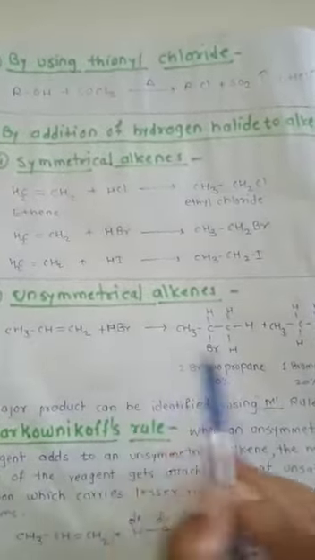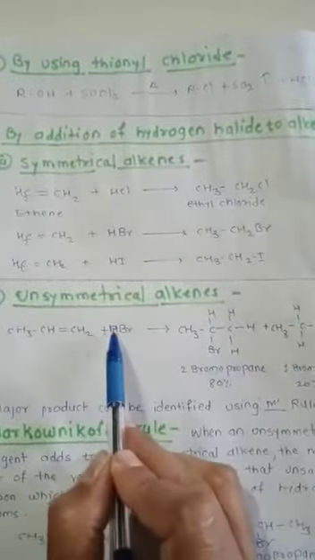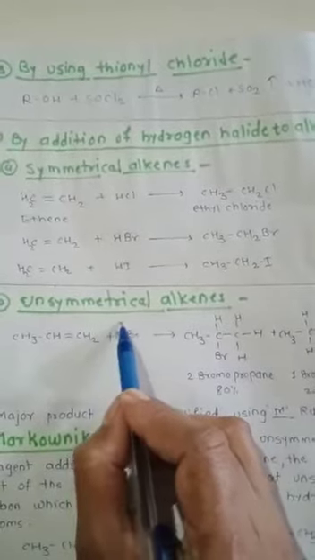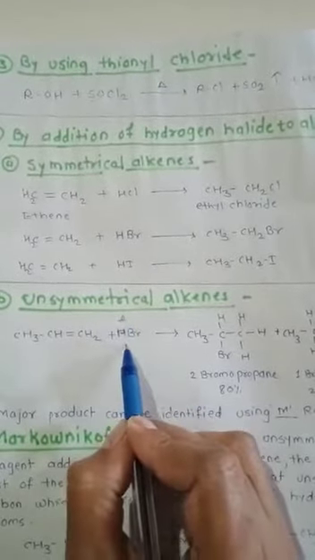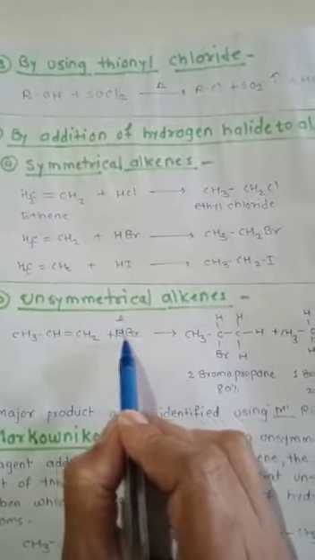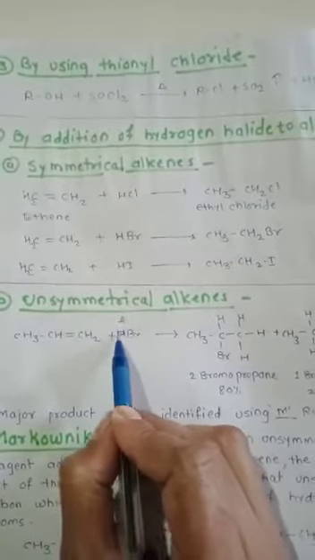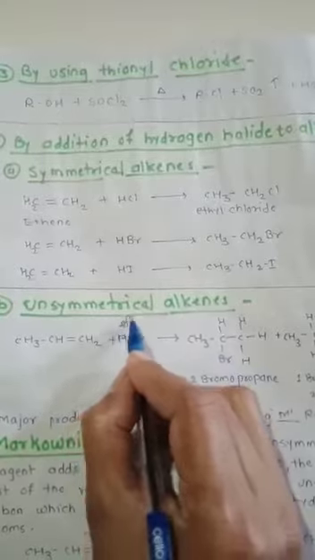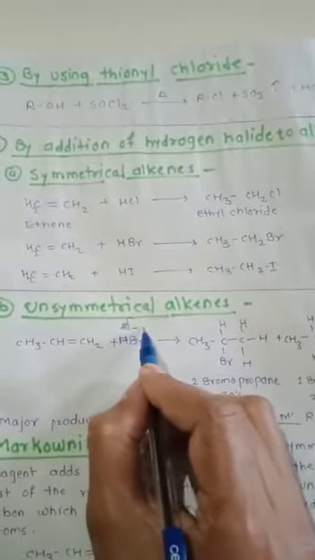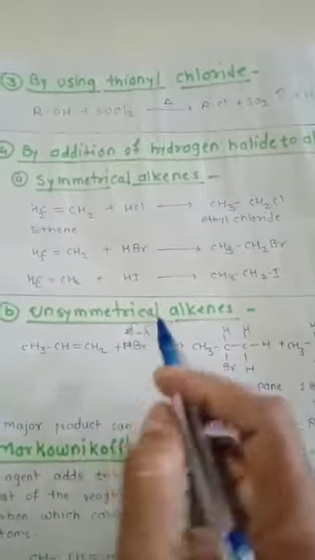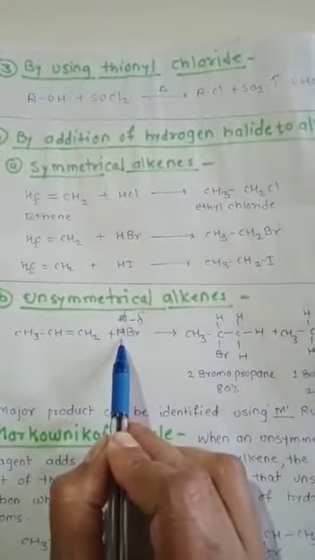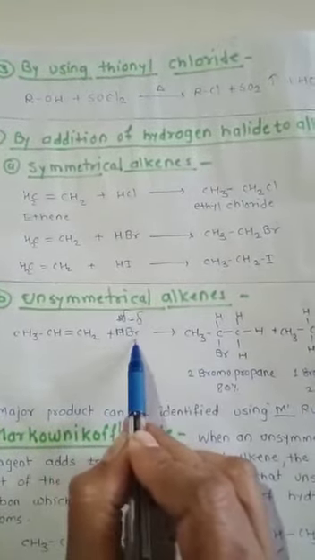In this example, see here, HBr is a polar molecule and hydrogen carries delta positive charge and bromine delta negative charge. This is an unsymmetrical reagent.